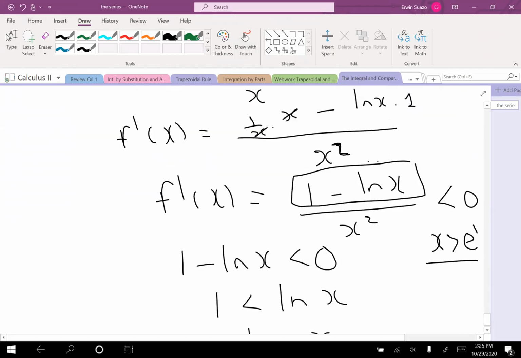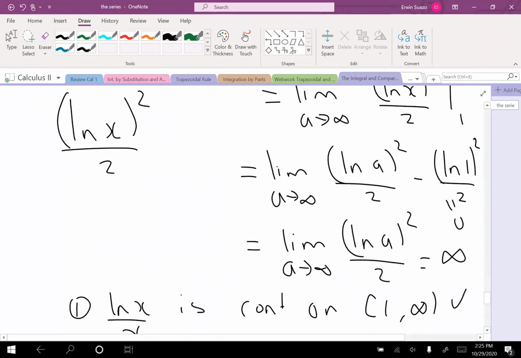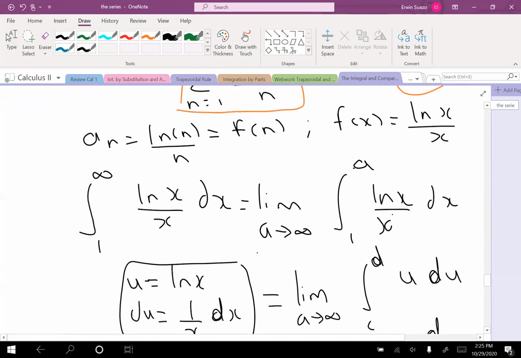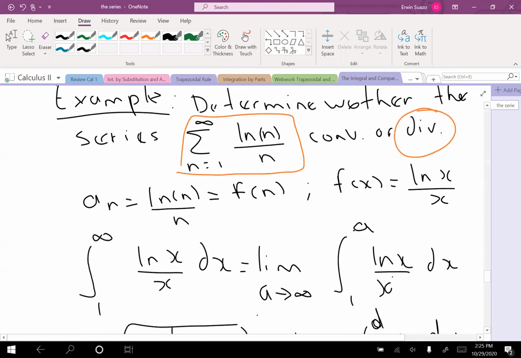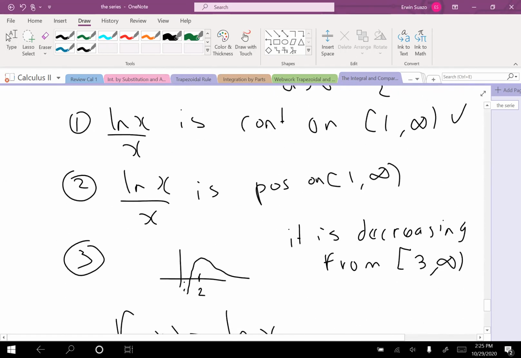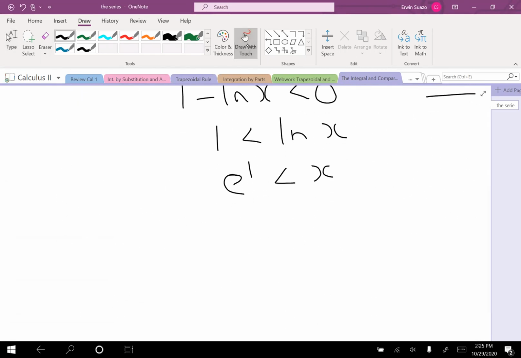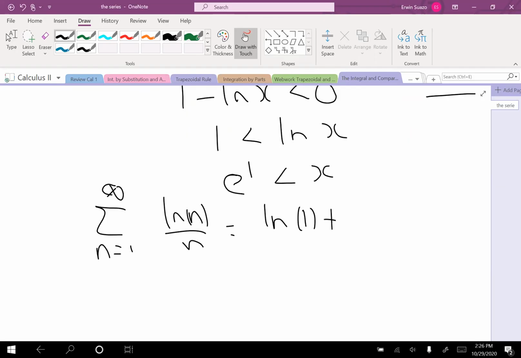So you said, okay, but the theorem says that it starts at 1. Well, it doesn't really matter, because the sum from n equals 1 to infinity of ln of n over n could be ln of 1 plus ln of 2 divided by 2 plus the whole sum after 3.